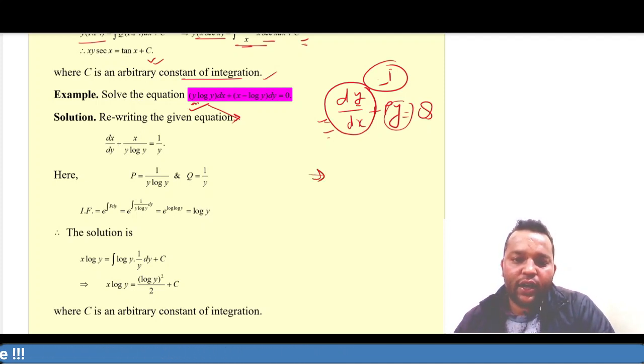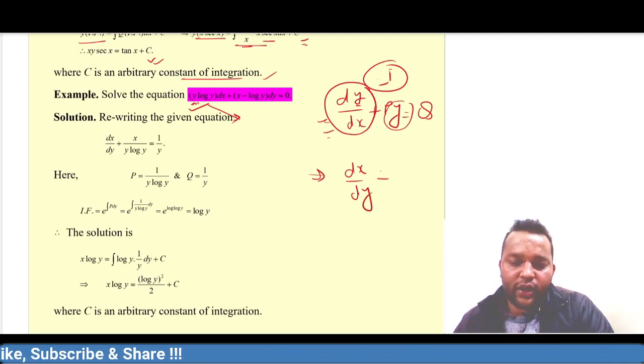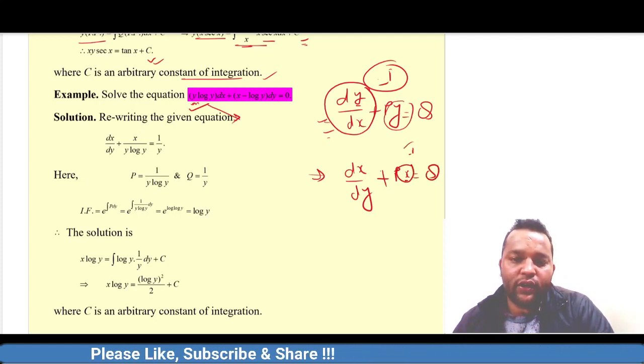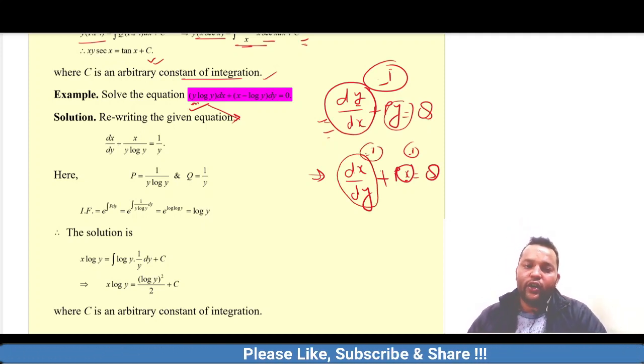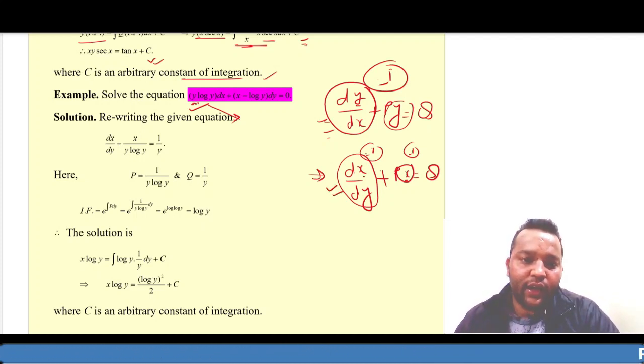Therefore we now try to write this differential equation in the form dx over dy plus px equal to q, as the exponent of x is 1, and the exponent of dx over dy should also be 1 in order to say that this equation is linear in the variable x.